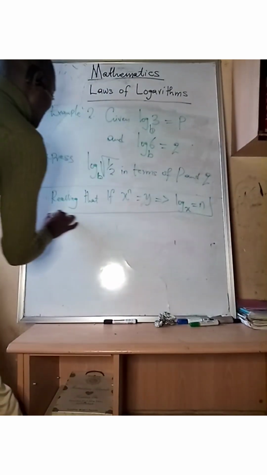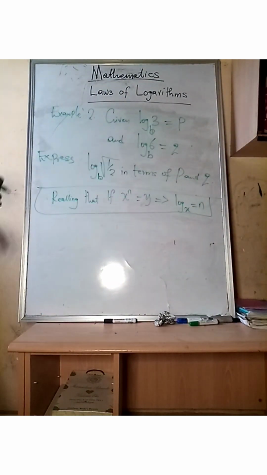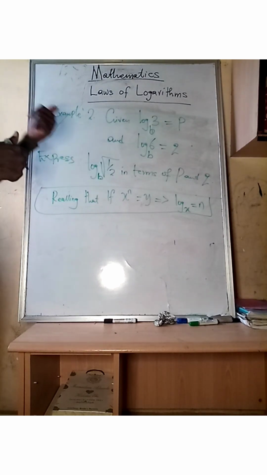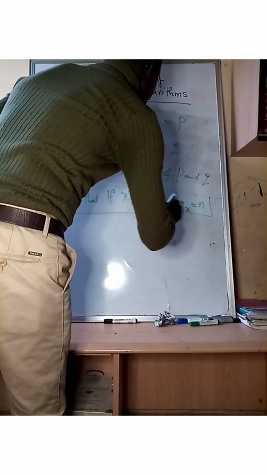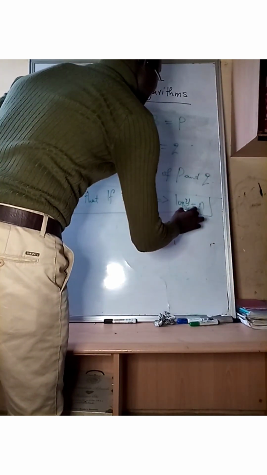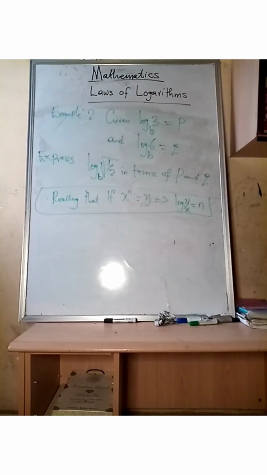Now, I am using different letters. It's whatever appeals to you at the time the problem is being solved that you can use. The most important thing is that the presentation is consistent. Log to base x of y is equal to n.